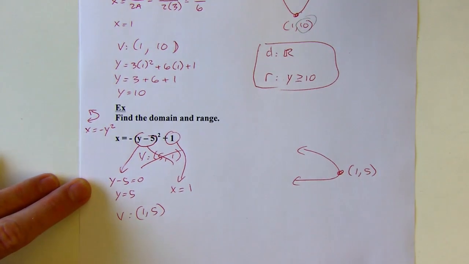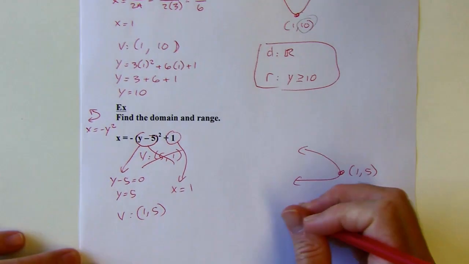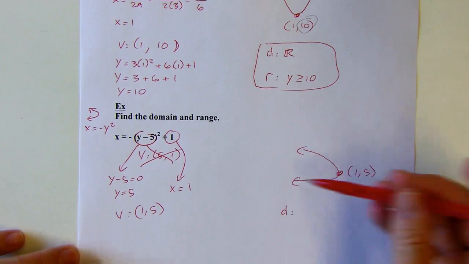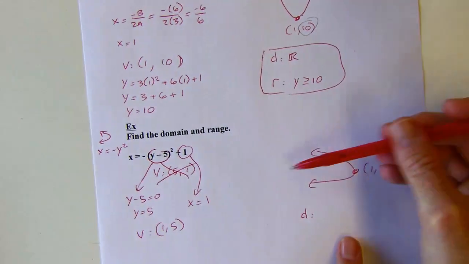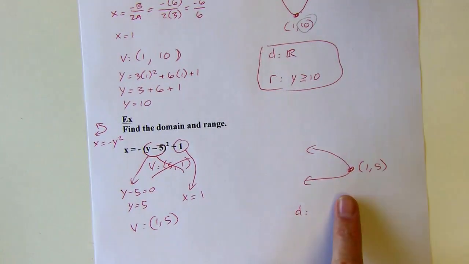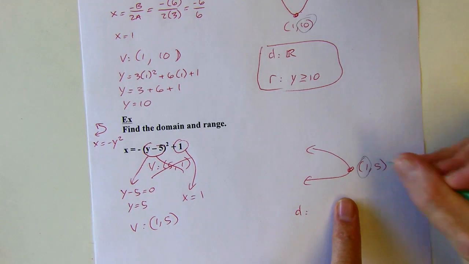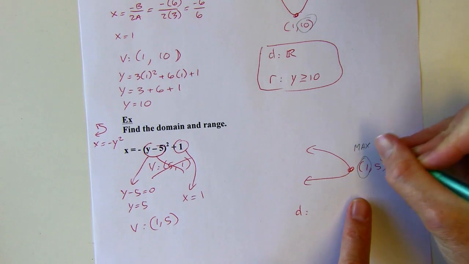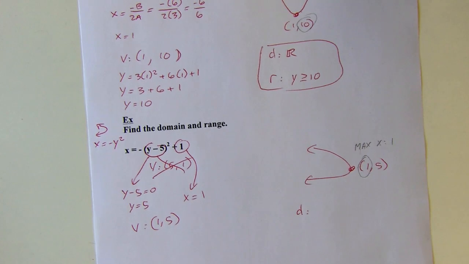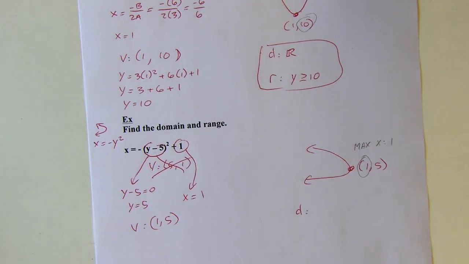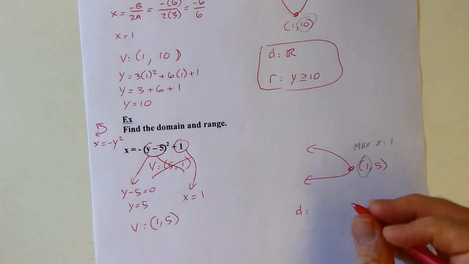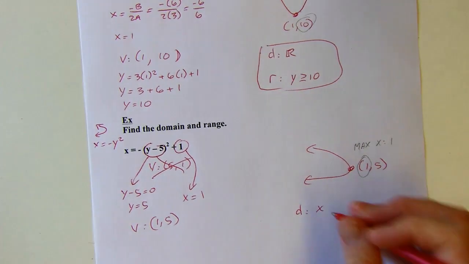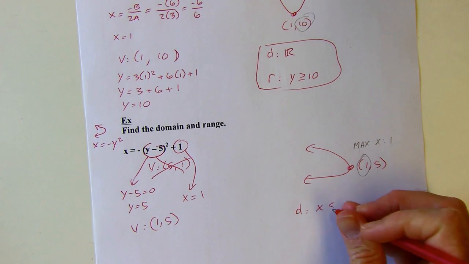Okay, and then I'm thinking, all right, domain. Oh, so this is interesting. This time the domain is going to go to the left forever from here. So this is going to be the maximum x value, right? The maximum x value is going to be 1, and it's going to go to the left from there. So this time my x's have to be less than or equal to 1.